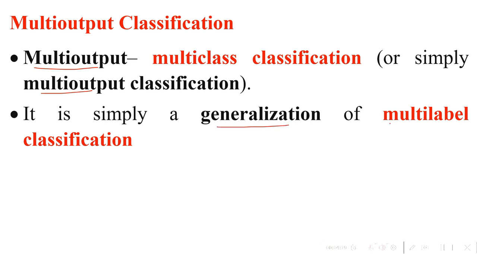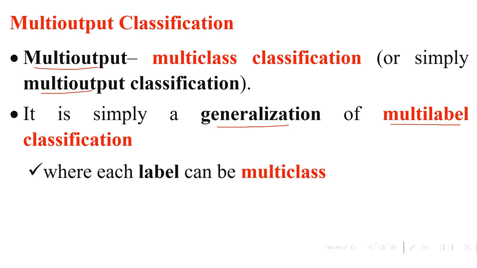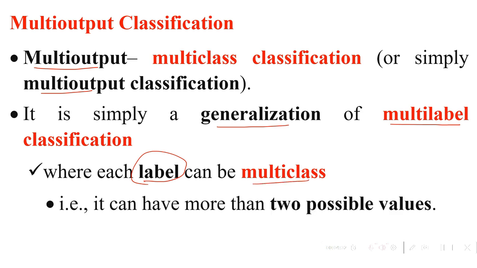It is a generalization of multi-label classification, where each label can have more than 2 possible values.